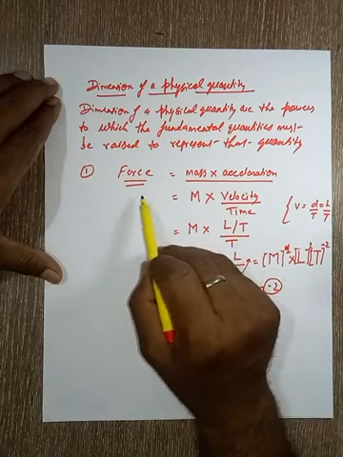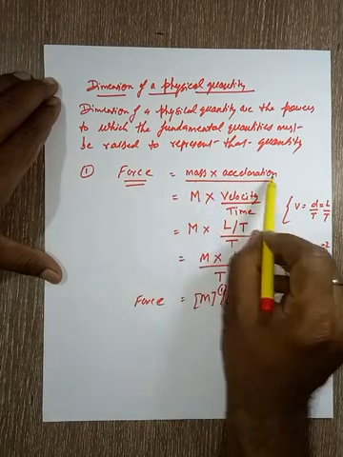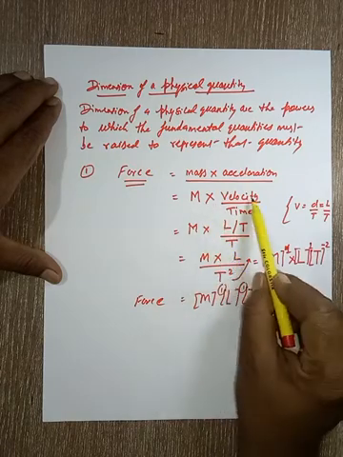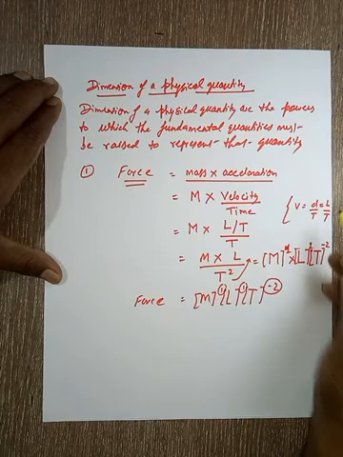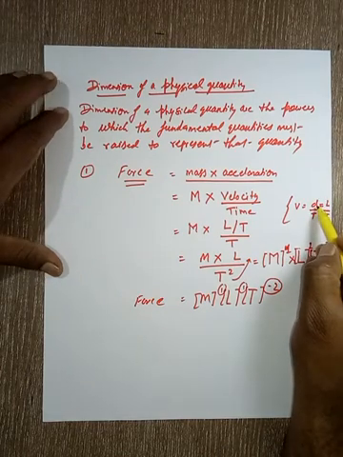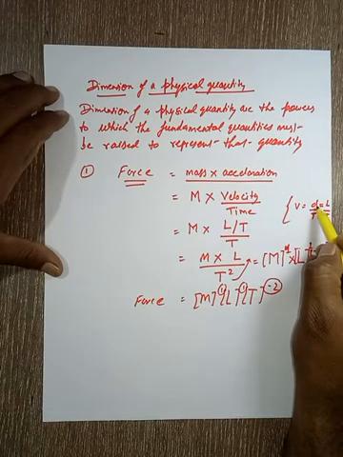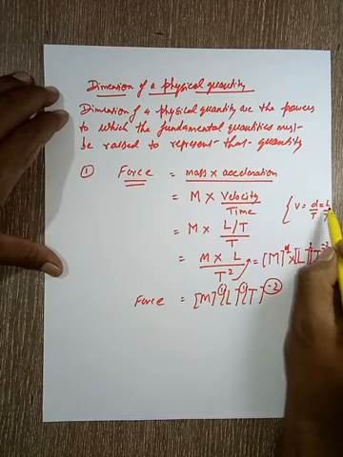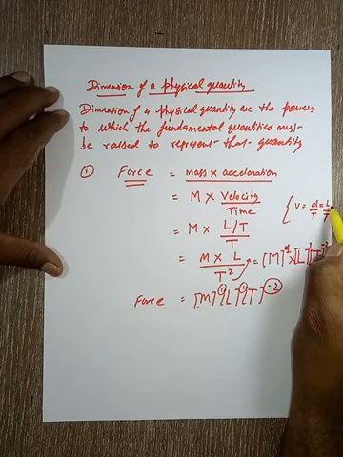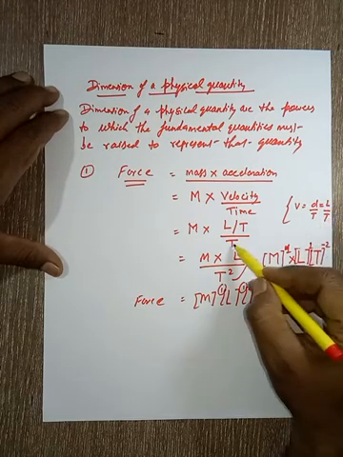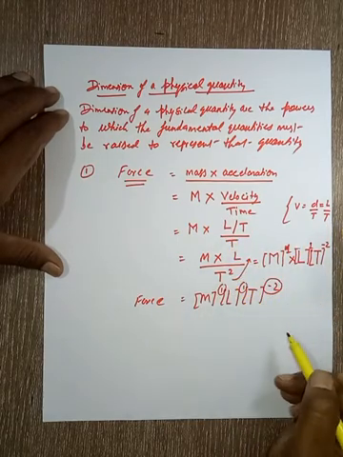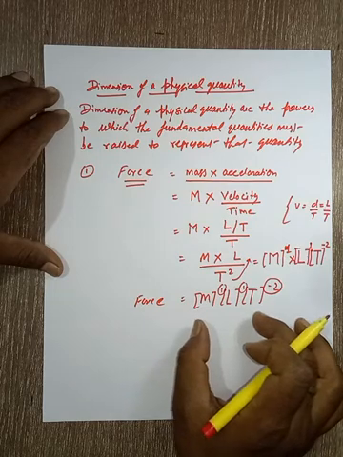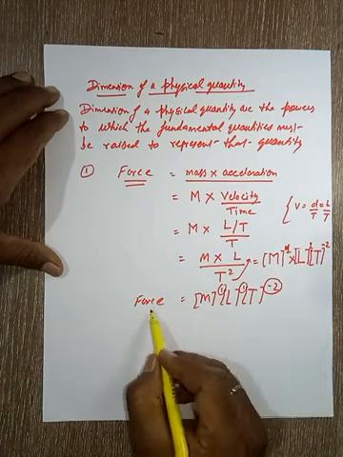We have to start with the initial formula, that is force equals mass into acceleration, then put the usual general formulas. Remember this for all distances, either distance or displacement, always put length for that, and t remains for time. So putting like this, you get the dimension of a given physical quantity.